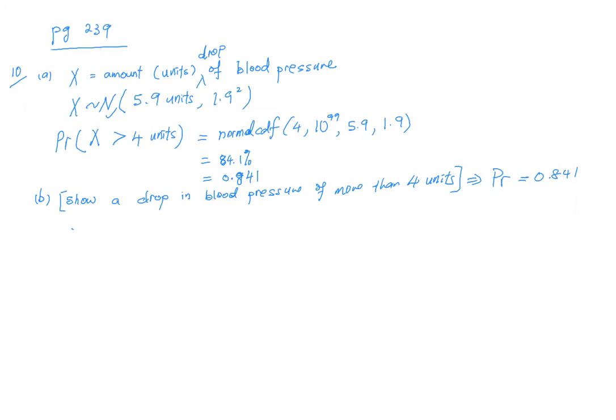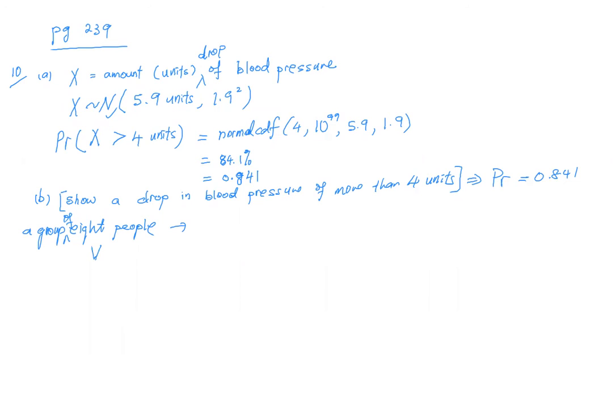You have 8 people. This is a group of 8 people. So I ask you, for part B, is it a binomial or a normal distribution? Binomial. Yes, binomial.